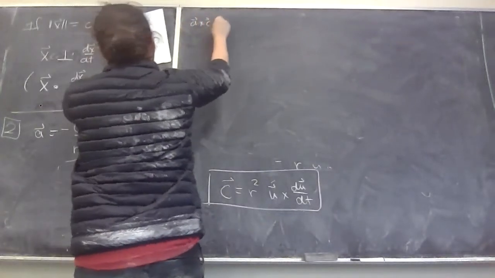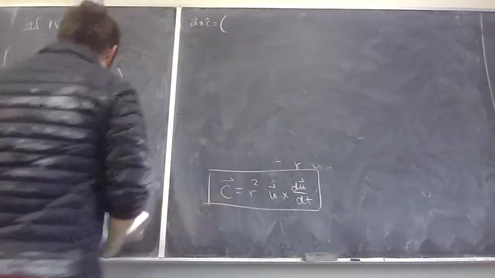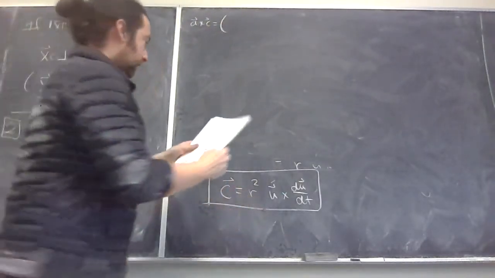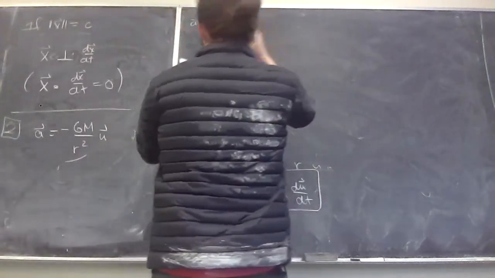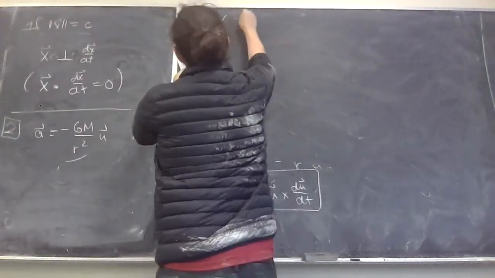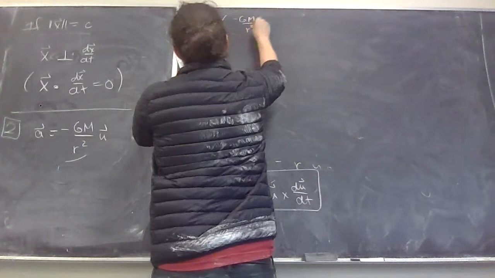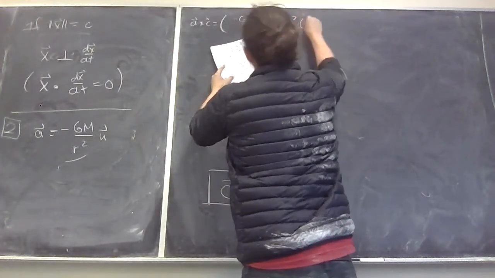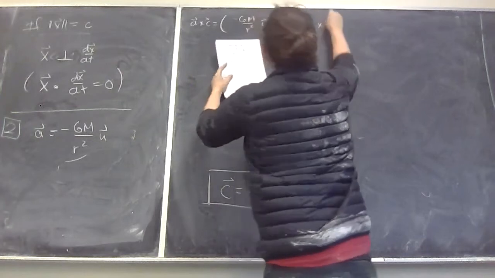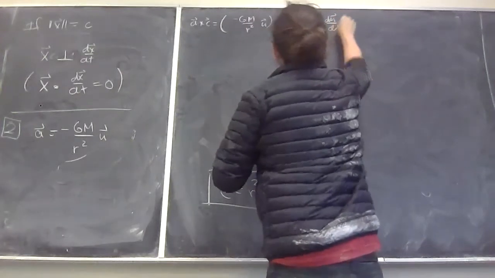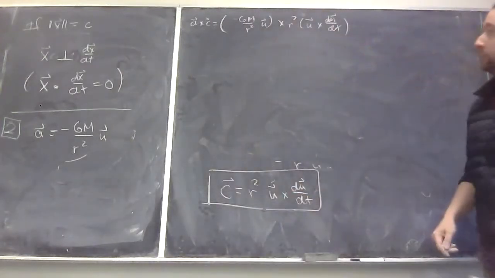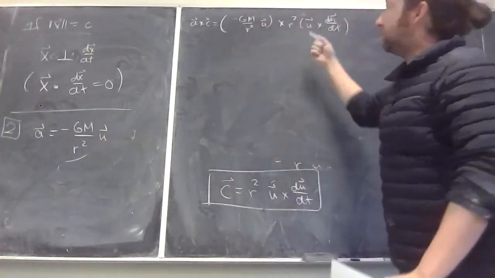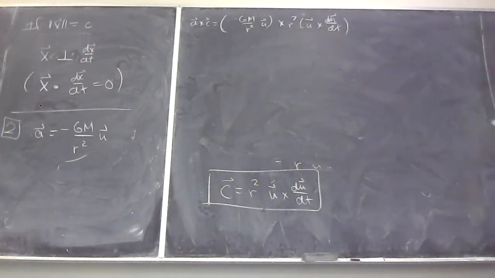A cross C is equal to, okay, so if A is equal to this and C is equal to this, then I can write A cross C is equal to minus GM over R squared U cross R squared U cross du/dt. That's A from here, that's C from here.